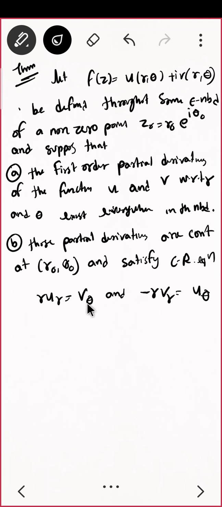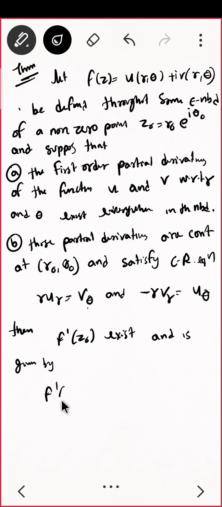R Ur equal to V theta, minus r Vr equal to U theta, correct? Then what is the conclusion? The derivative at that point exists and is given by f dash of z naught. What will come?